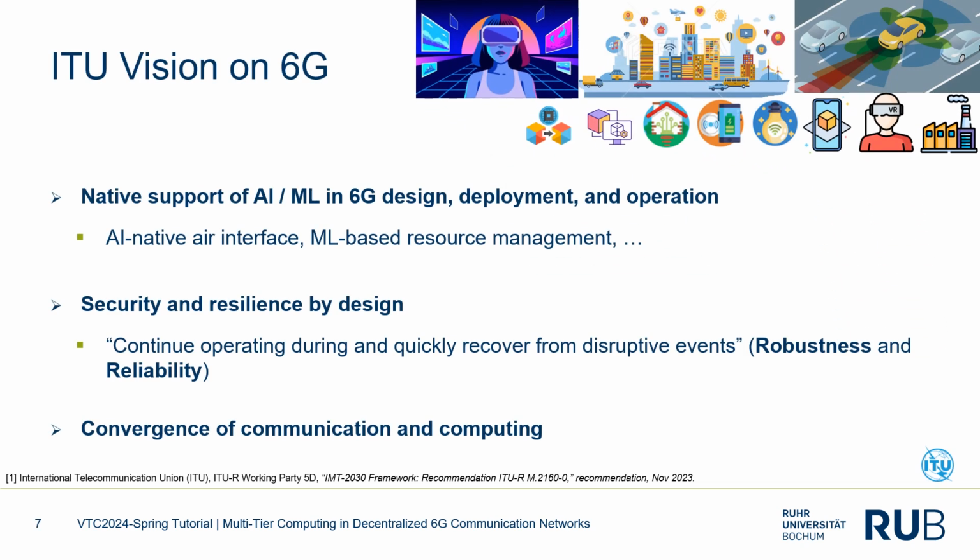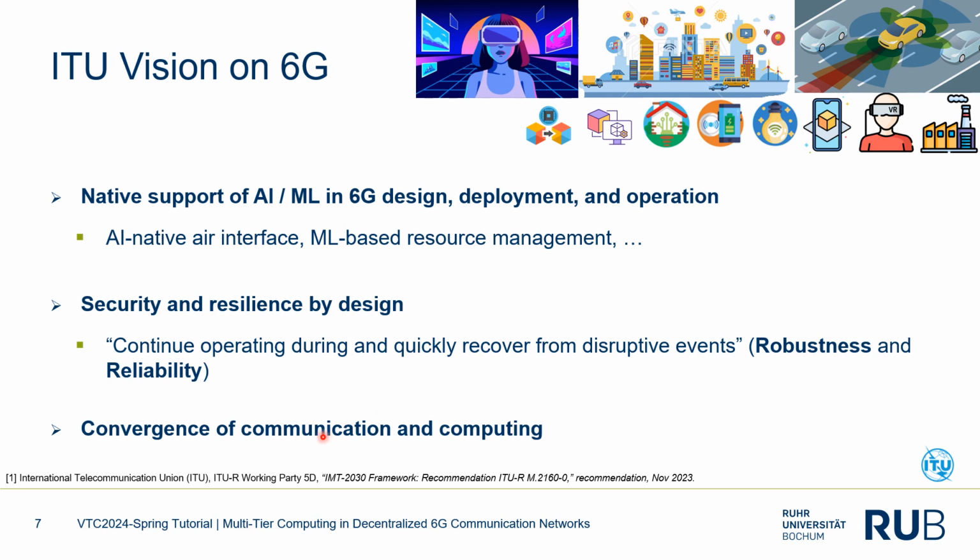Another aspect is that there's a native support of AI and ML in the design of 6G, in the deployment, and in the operation of 6G. That means we are going to have an AI-native interface, ML-based resource management, and so on. Essentially, it's expected that intelligence will be present in every part of the communication system to support the building of smart cities and communities as illustrated here.